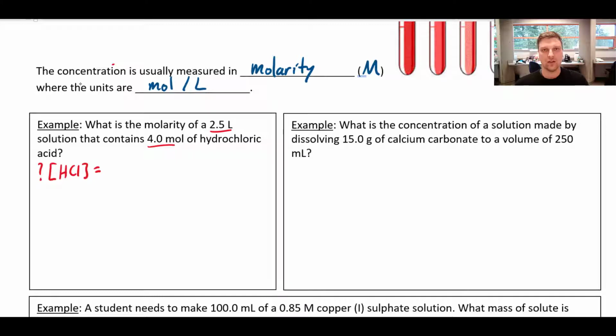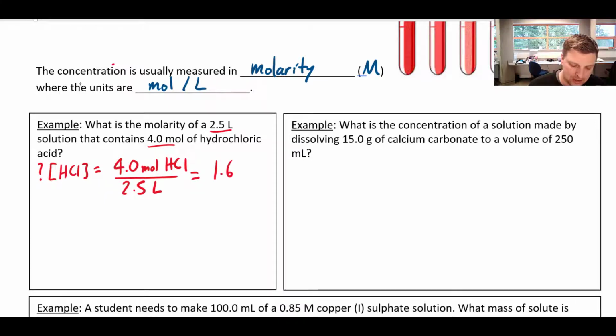So if they tell me the moles, I'm going to start with that. 4.0 moles of HCl. And now, if I want to talk about the molarity, that is literally just the moles per liter. So one way to do that would be to just go ahead and divide it by the number of liters, 2.5 liters. And so what I would get here is 1.6 molar HCl.